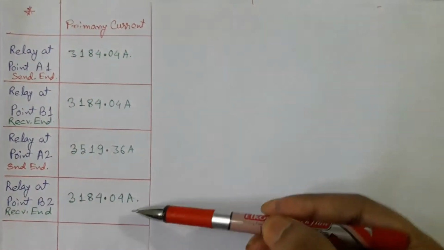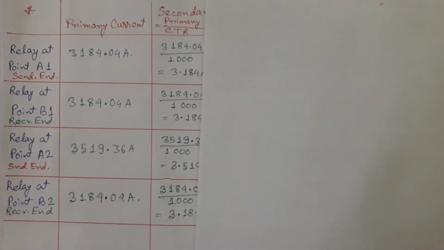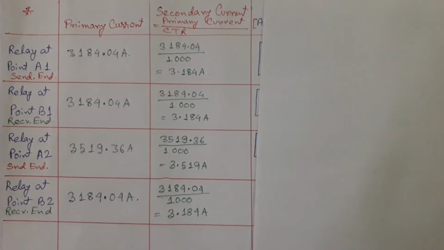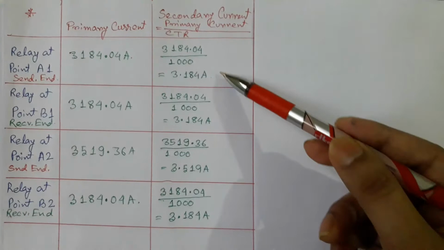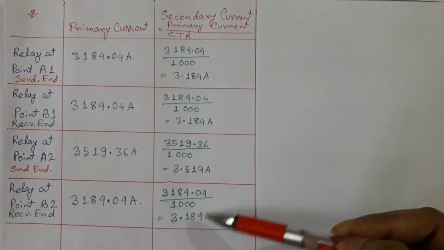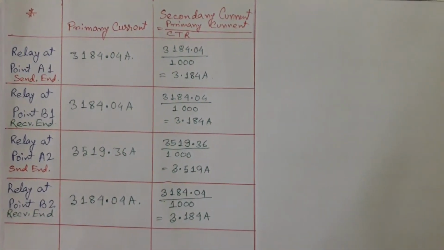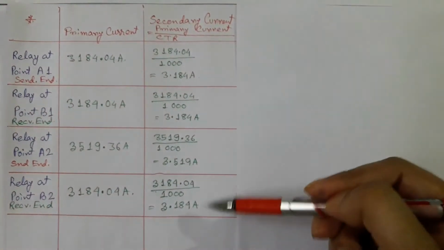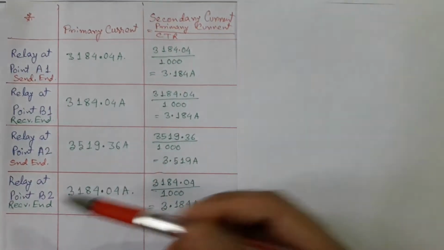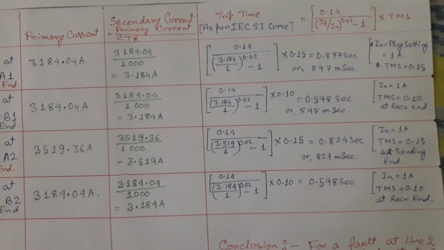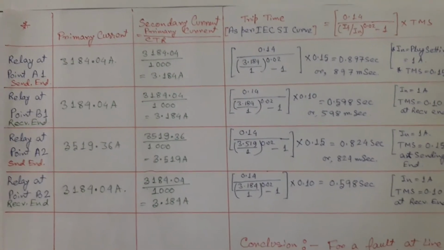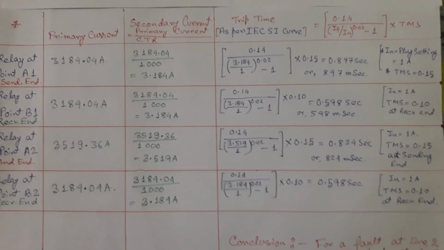From these primary currents, we will calculate secondary currents, which is nothing but primary current divided by CT ratio, which is 1000/1 for all of the 4 points. As secondary currents at all of the 4 points are known, so we can easily calculate trip time of A1, B1, A2 and B2 relays.